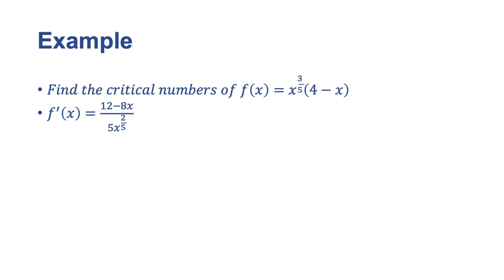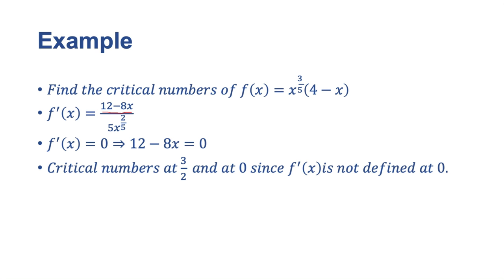Anyways, now we need to set this equal to 0. And as you recall, we are only going to be dealing with the numerator up here. So with the numerator, we are going to set f prime of x equal to 0. That means 12 minus 8x is equal to 0. And now we will state our critical numbers.